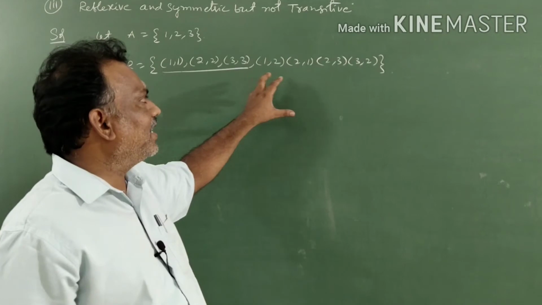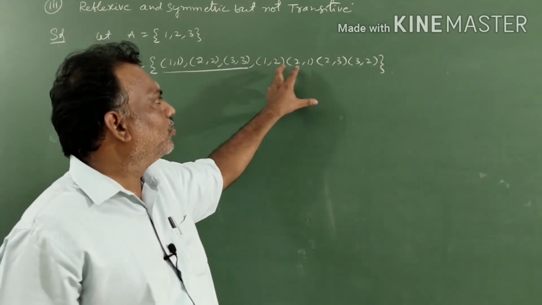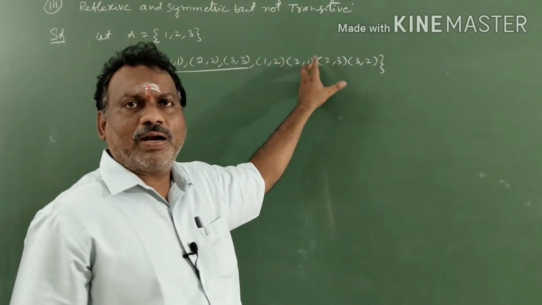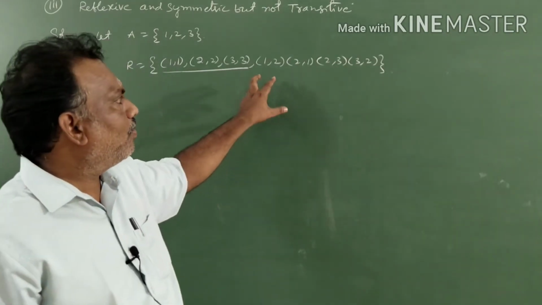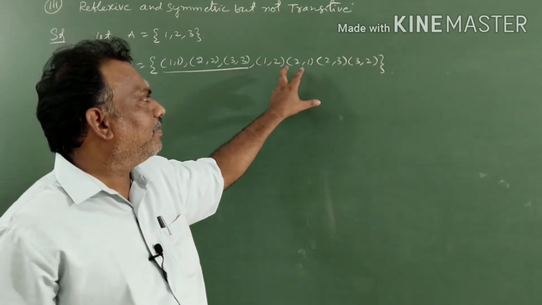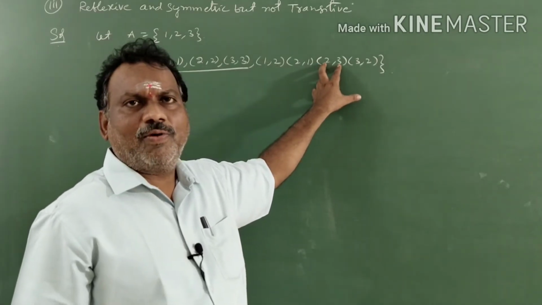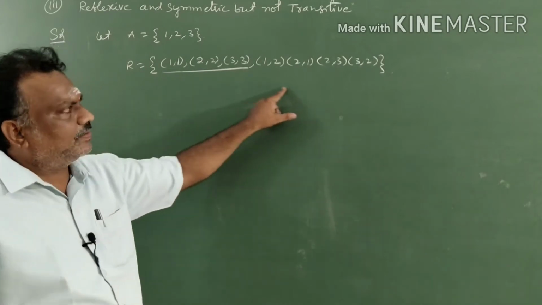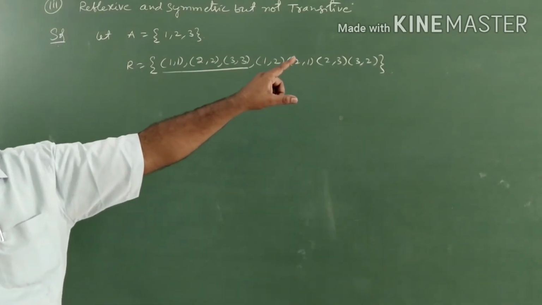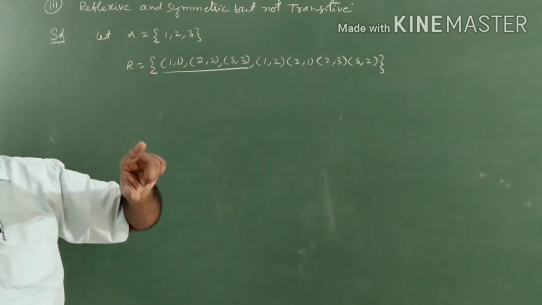Now we can see (1,2) and (2,3), but (1,3) does not exist here. Correct, students? (1,2) is (a,b), (b,c) is (2,3). What about (a,c)? (1,3), but the ordered pair (1,3) is not here. Is it correct or not? That's why it is not transitive.